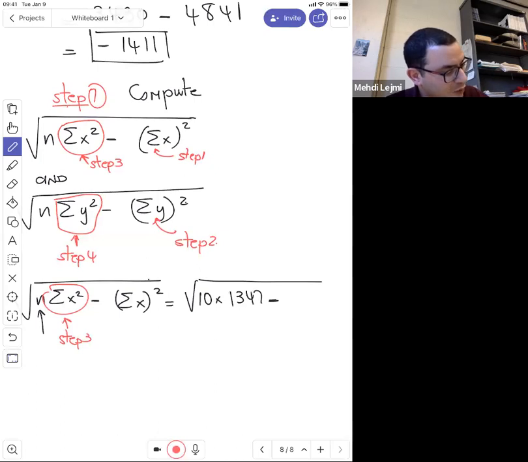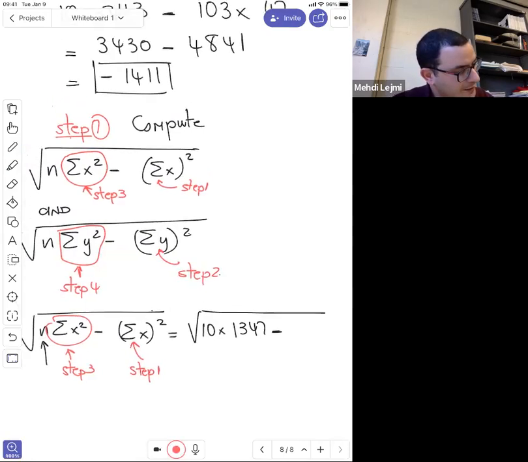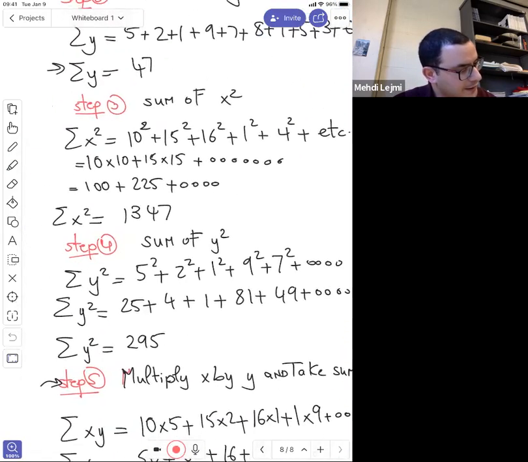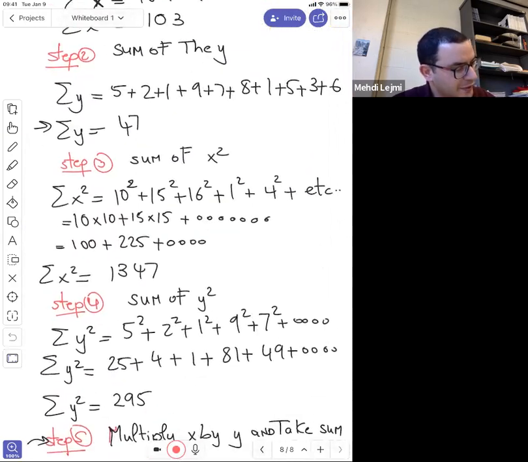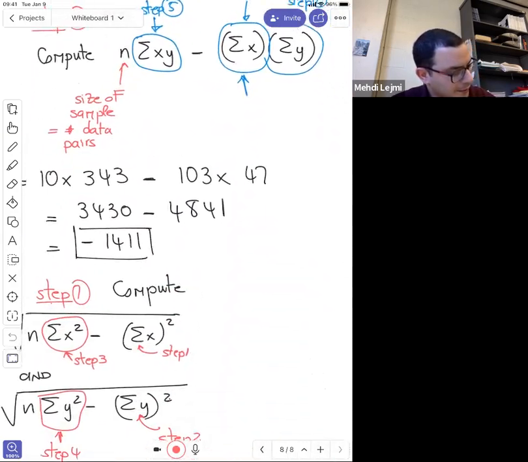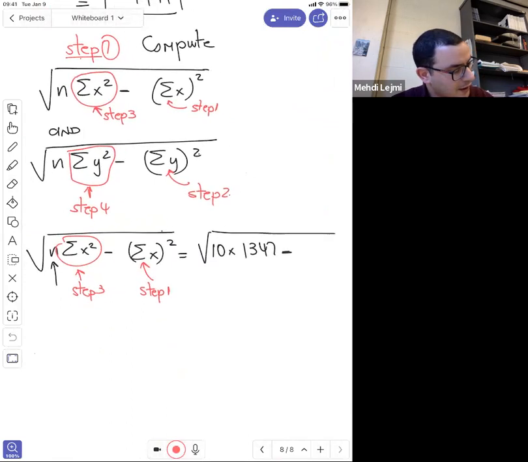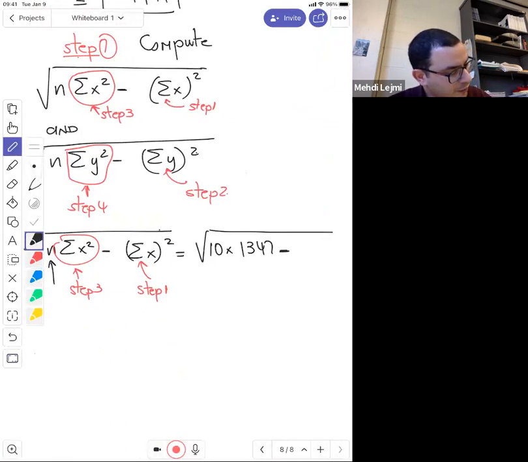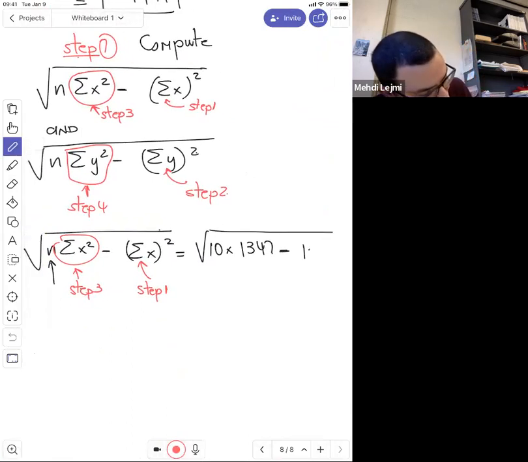That's from step 1. We got 103, so it's minus 103. That's from step 1, and then you need to take the square of this 103.